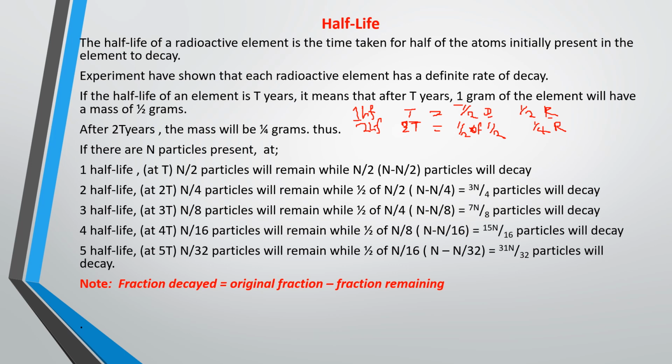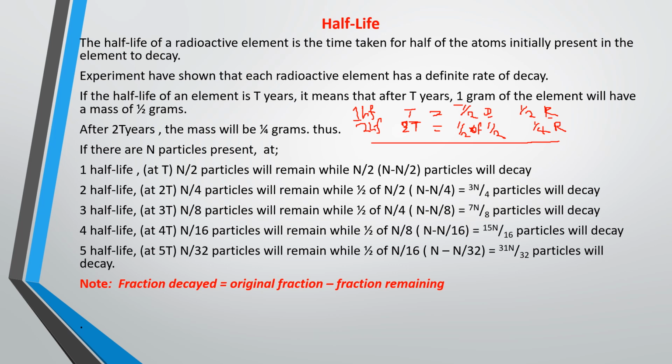Now, if I want to find the total time it takes for this substance to decay. Let me say the number of half-lives for this particular element is 2, that is, this substance has 2 half-lives.